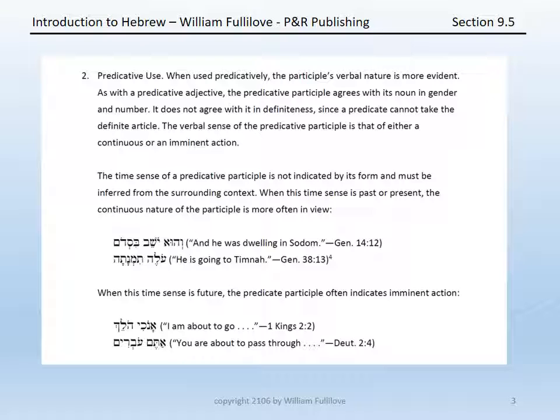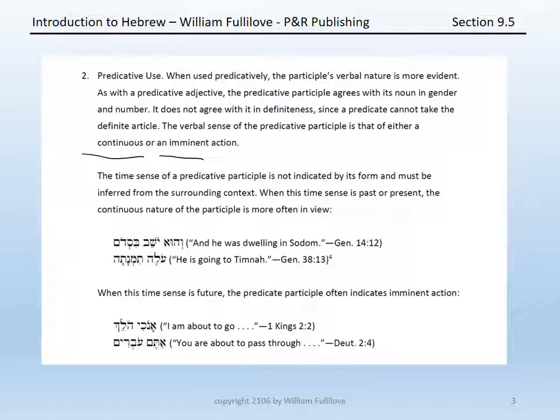And the verbal sense of a predicative participle is usually that of either a continuous action or an imminent action. Again, because this is a non-finite form, its time sense and translation is not indicated by the participle form, and the time sense must be inferred from the surrounding context.